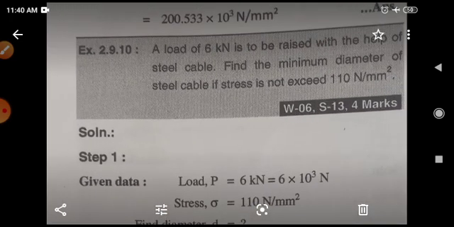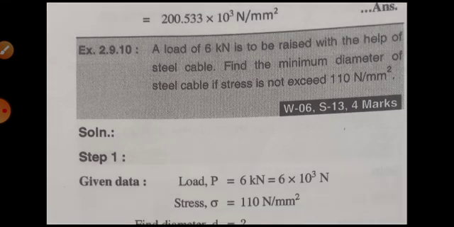Well, let's see another one here. A load of 6 kN is to be raised with the help of a steel cable. Find the minimum diameter of the steel cable if the stress is not to exceed 110 Newton per millimeter square. First you have to see what the given data is.